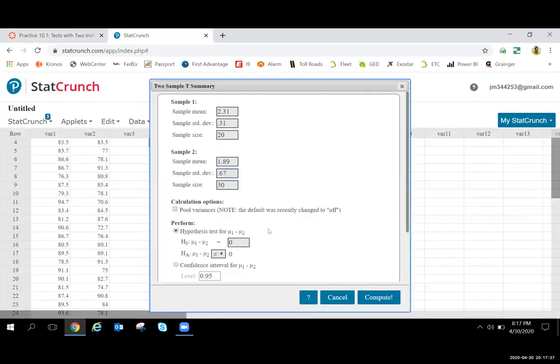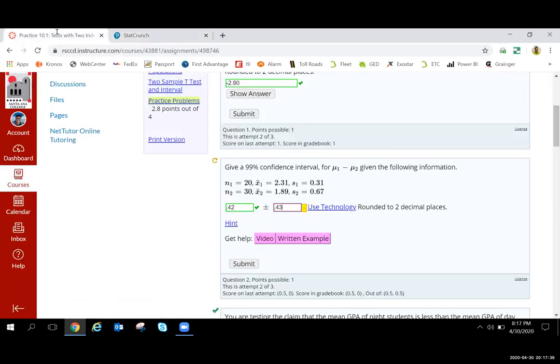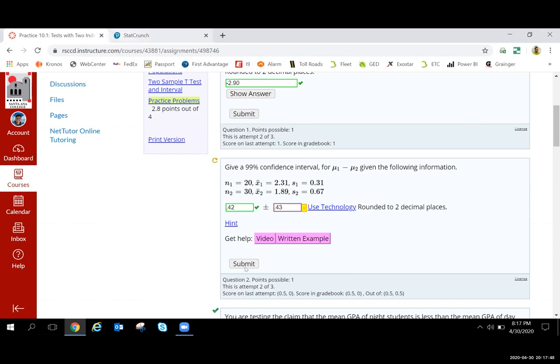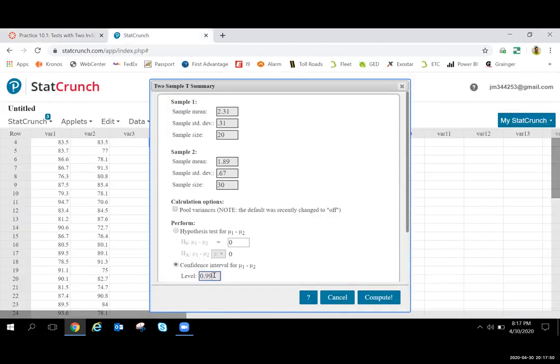And then there'll be a confidence level of 99. Compute.